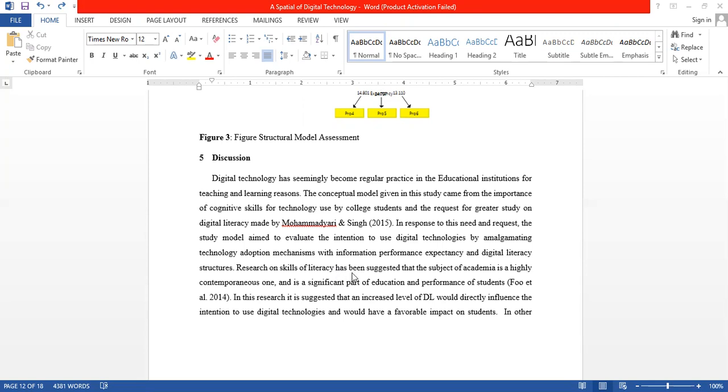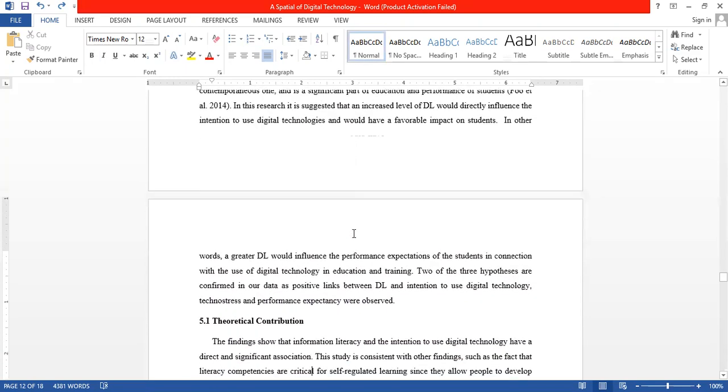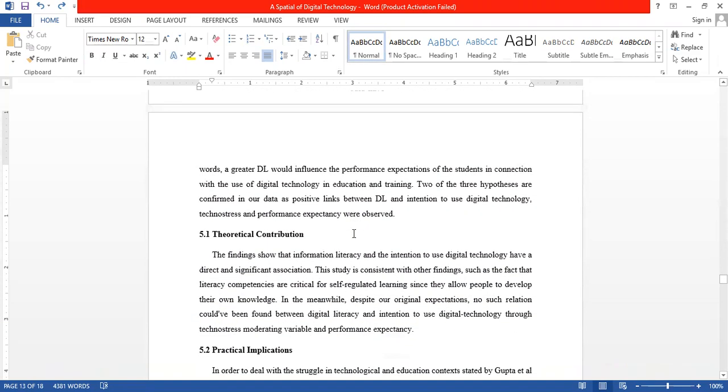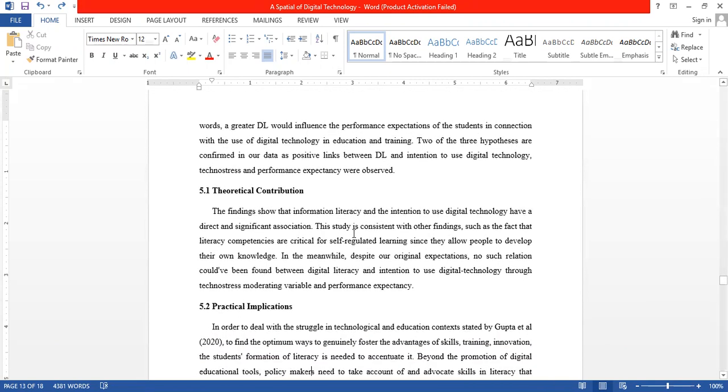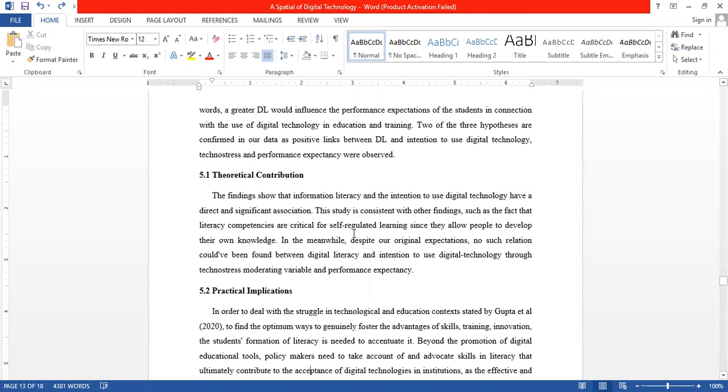And after that, the second important paragraph is what your theoretical contribution is, or what your practical contribution is in your research. You will separately give the headings, and you will also give the contribution and the policy implication.